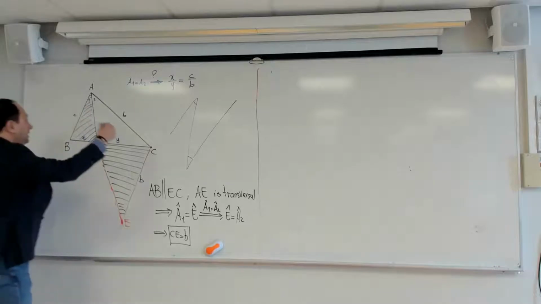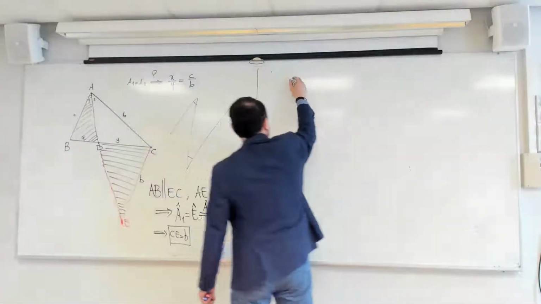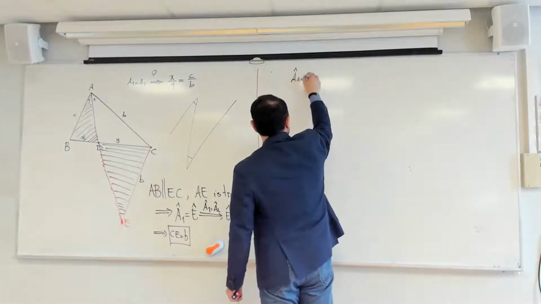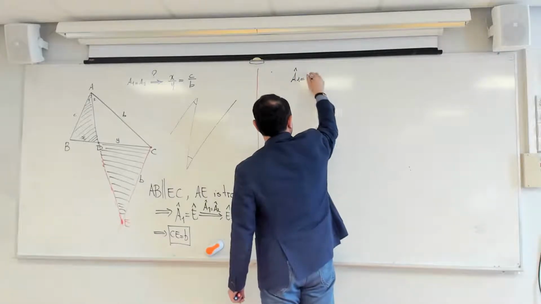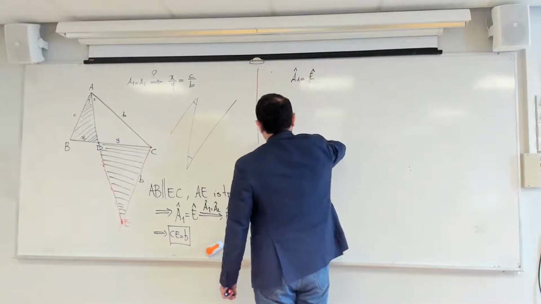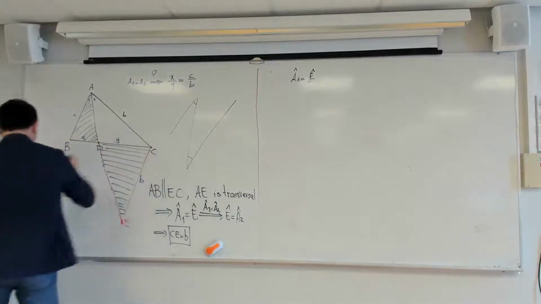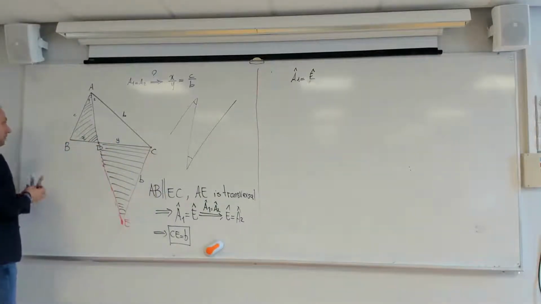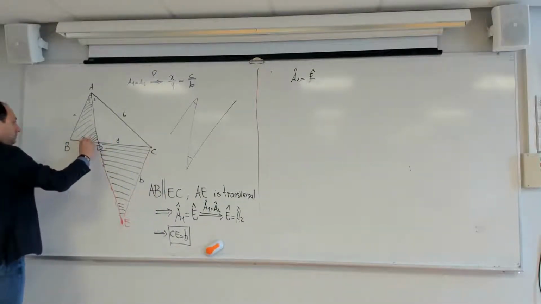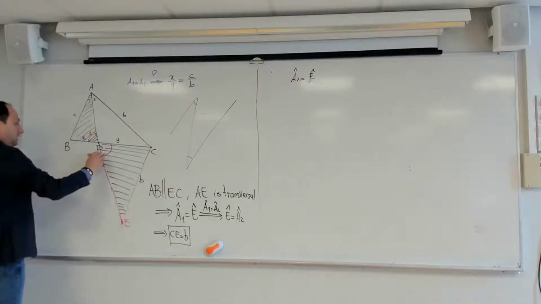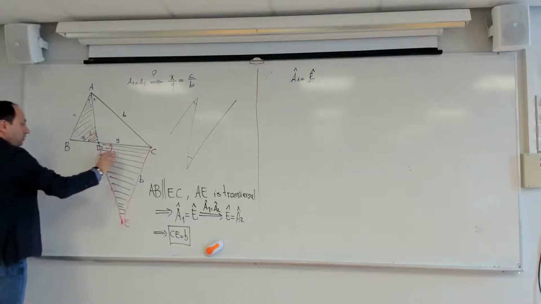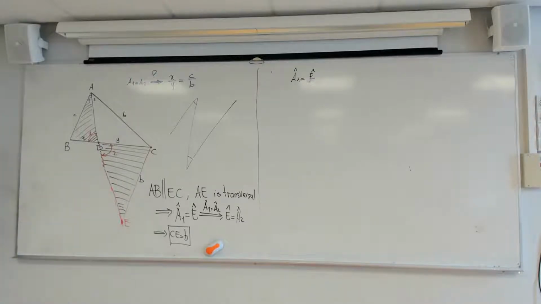So here we know that angle A1 is equal to angle E. And then we know that this angle, which I call D1, for example, is equal to this angle, which I call D2, because they are vertical angles.